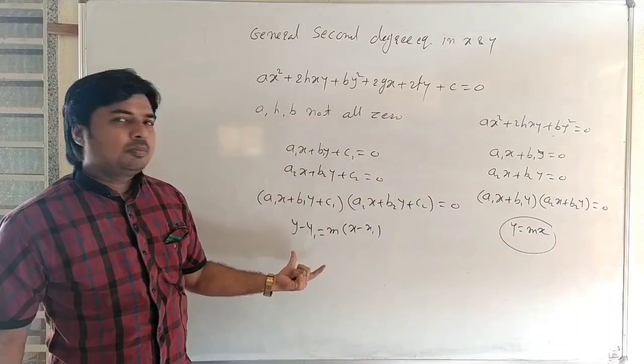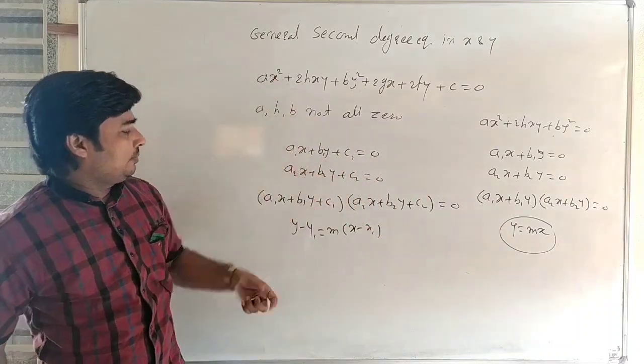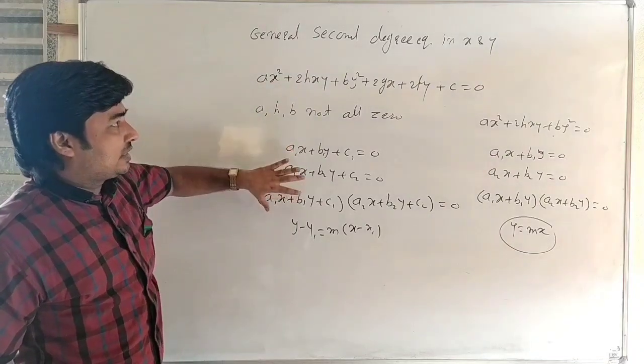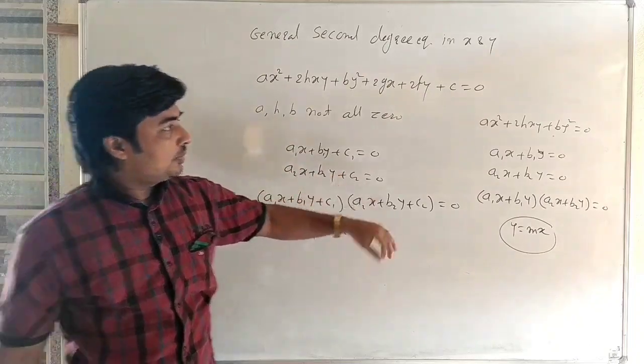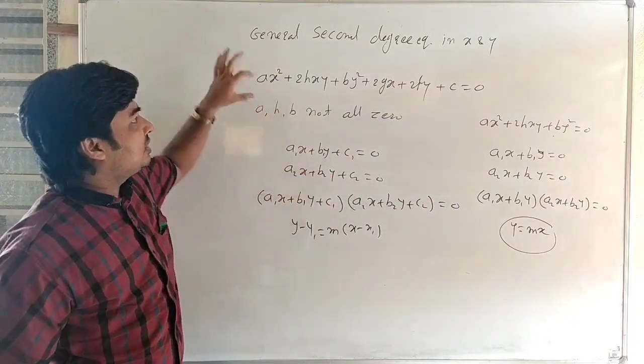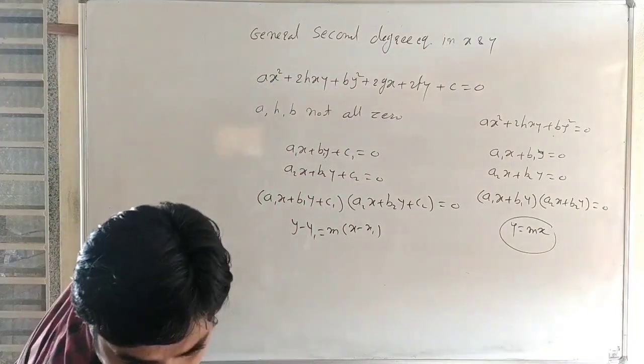But here, it is passing through any point, that is x1, y1. The combined equation of two lines passing through origin represents a homogeneous equation, and the combined equation of any two lines represents the general second degree equation. Now we see the examples.